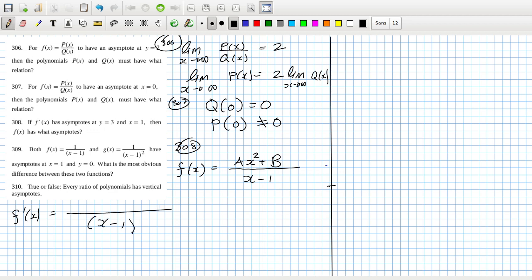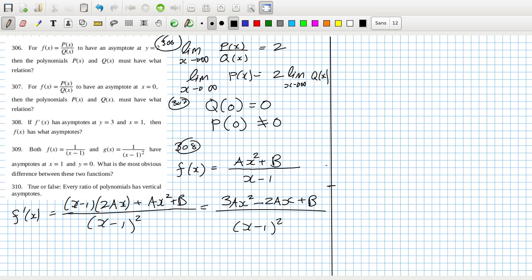The bottom squared, the bottom times the derivative of the top plus the top times the derivative of the bottom, x minus 1 squared. So on the top, that's 2ax squared, plus another a, so that's 3ax squared. 2ax squared plus another ax squared minus 2ax plus b.